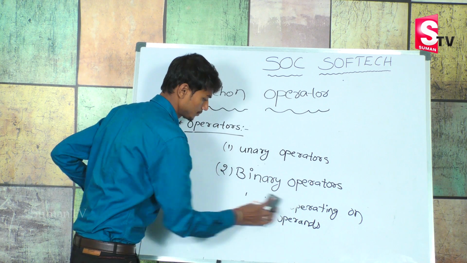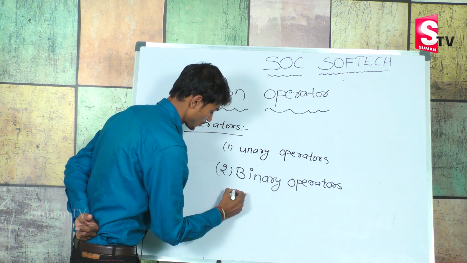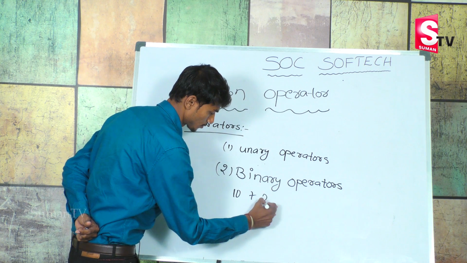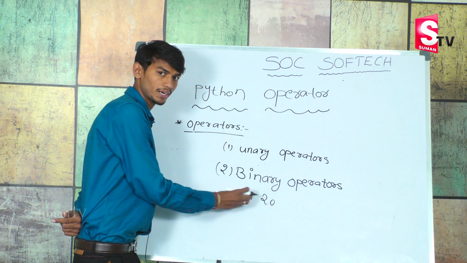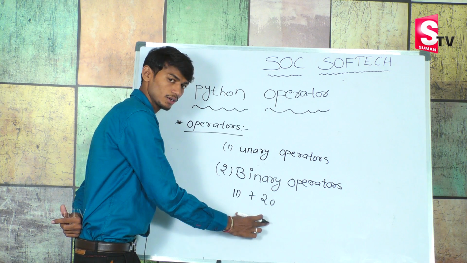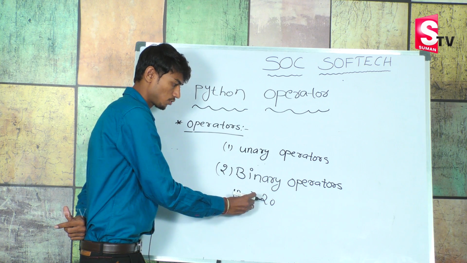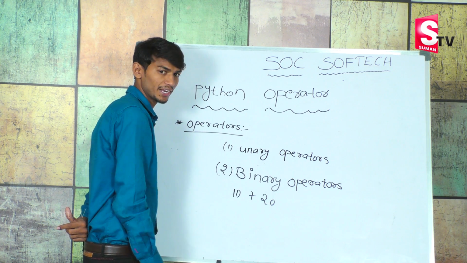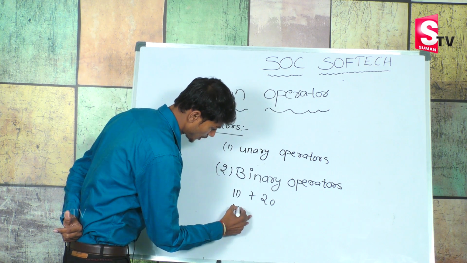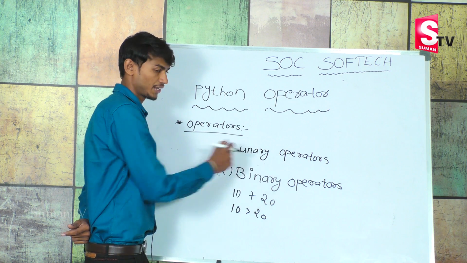For example, 10 plus 20: here 10 is one operand and 20 is one operand. This is the plus operator which operates on these two operands. Those kinds of operators we call binary operators. And a less than 20, this is also a binary operator. So these are examples of binary operators.